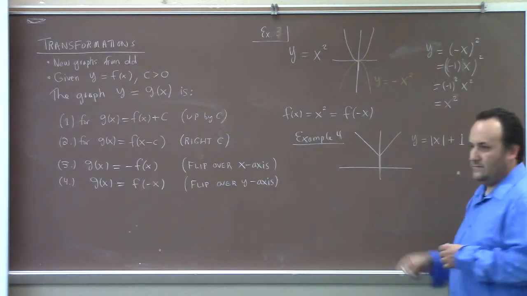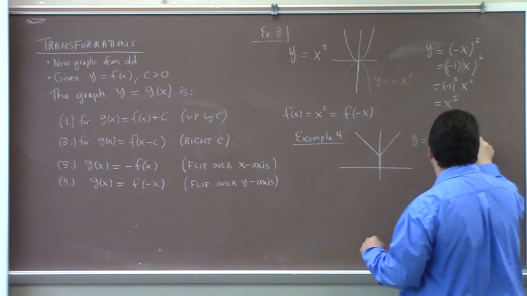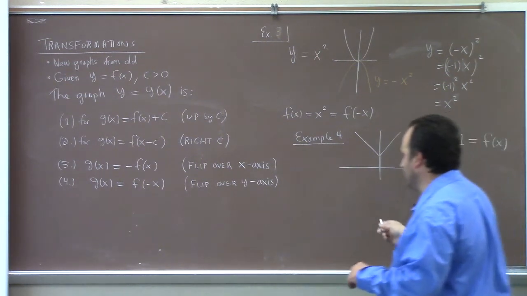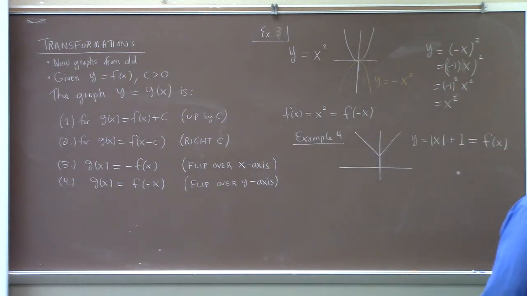See that? If I know the absolute value function, then I know that if I add 1, it just shifts it up 1. So it looks like that. I'm thinking of that as my f of x. What's f of minus x? Oh, man, I just did it again.